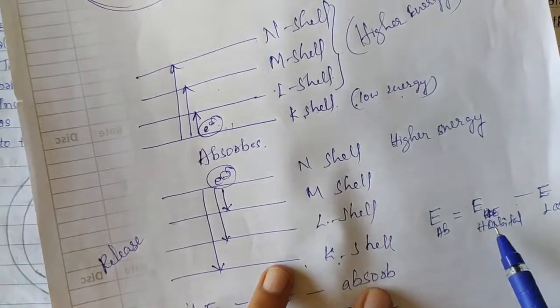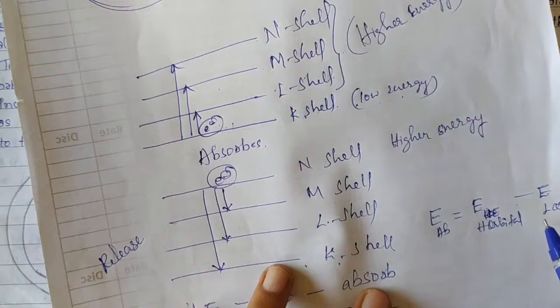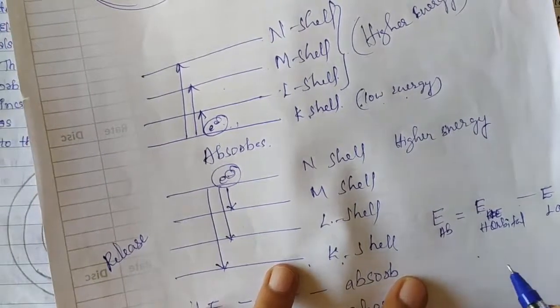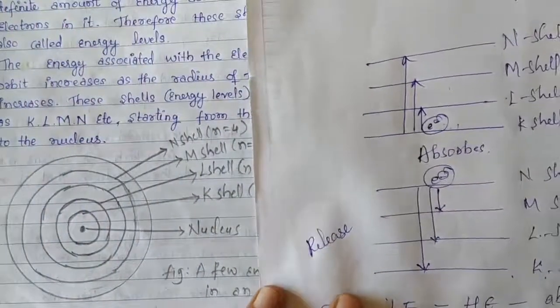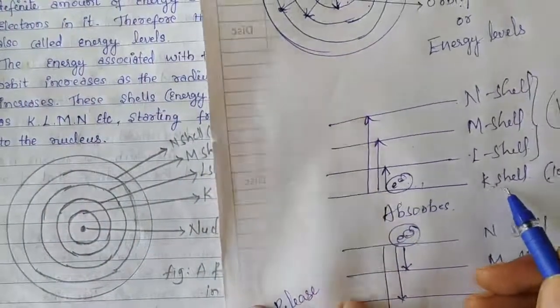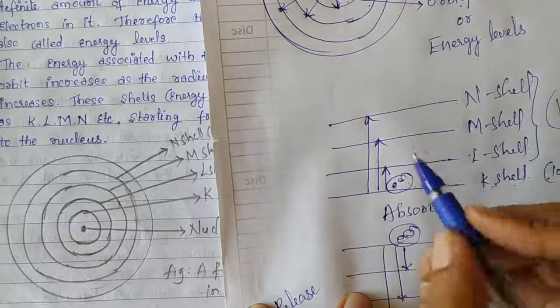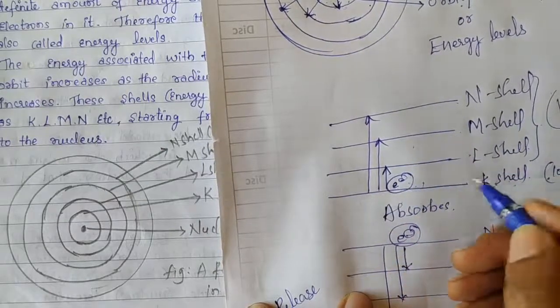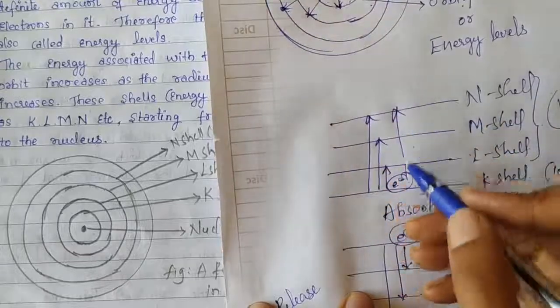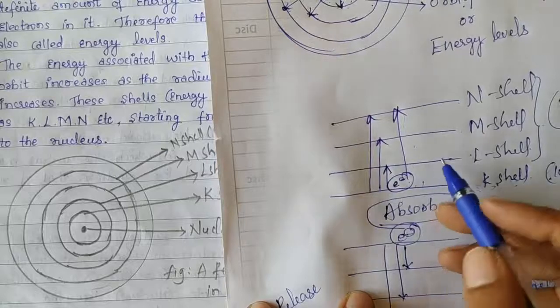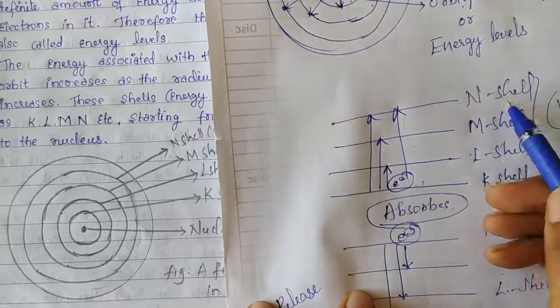Instead of using the higher and lower energy level orbitals, it is better to use the initial energy level and final energy level. Here you can see the K shell is the initial energy level and the N shell is the final energy level, so the electron is jumping from the K shell to the N shell. To calculate the amount of energy absorbed, we have to subtract the energy of the K shell from the energy of the N shell.